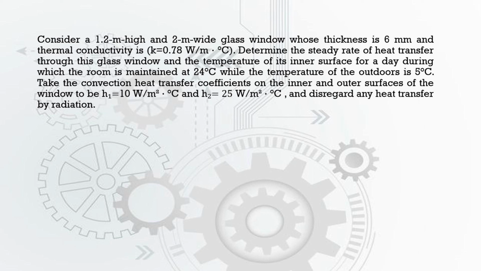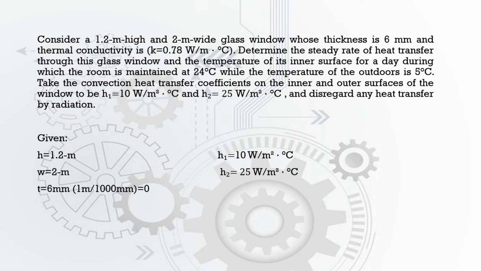The given values are: height is equals to 1.2 meter, the width is equals to 2 meter, and the thickness is equals to 6 millimeter, which is converted into meter, which is equals to 0.006 meter.